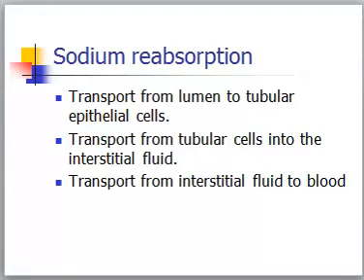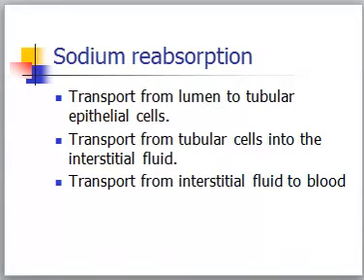Next we are going to see substance-wise reabsorption, for example sodium. I already told you that sodium is mostly reabsorbed in the proximal convoluted tubule. The maximum part is reabsorbed there.